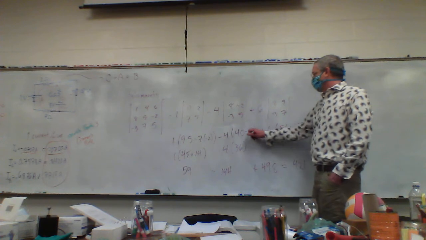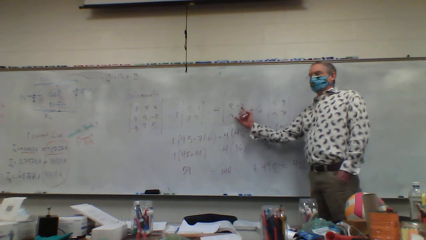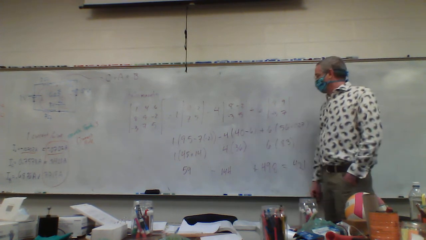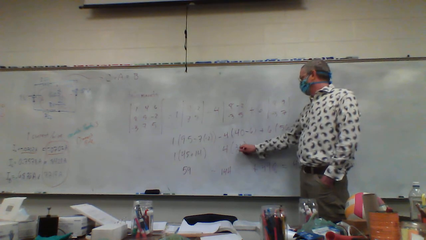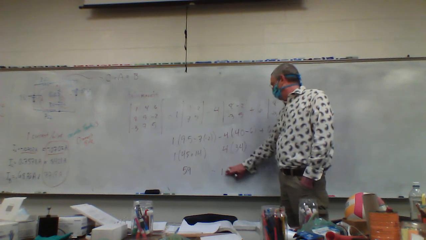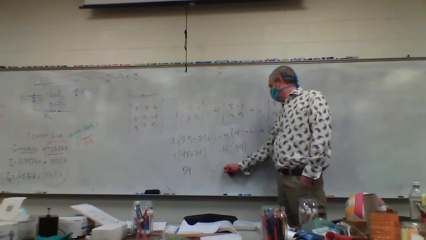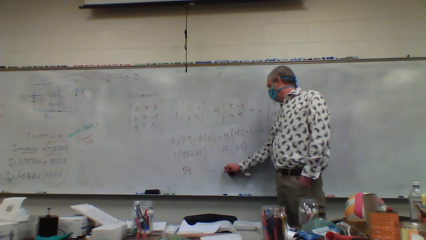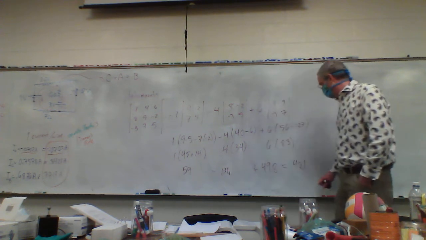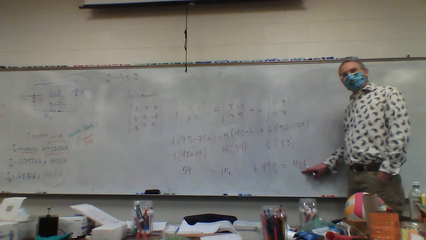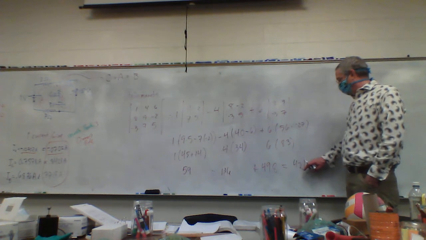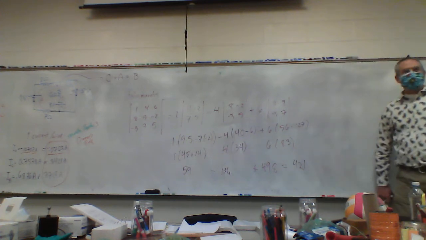Yes, 40 minus 6, because negative 2 times negative 3 is positive 6. 34. So that middle one should be negative 136. Did you already take that into account when you got the 421? No, I wasn't going based off of yours, I was doing my own calculation. Okay, so 421 is still the correct answer? All right.